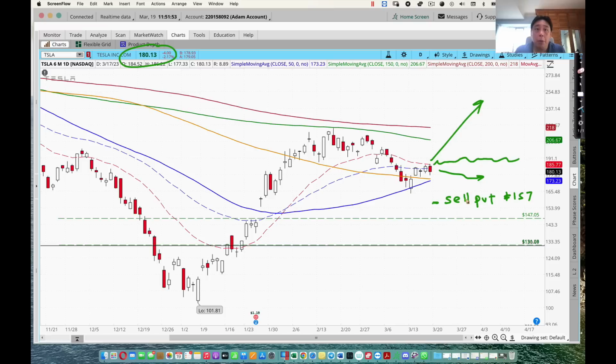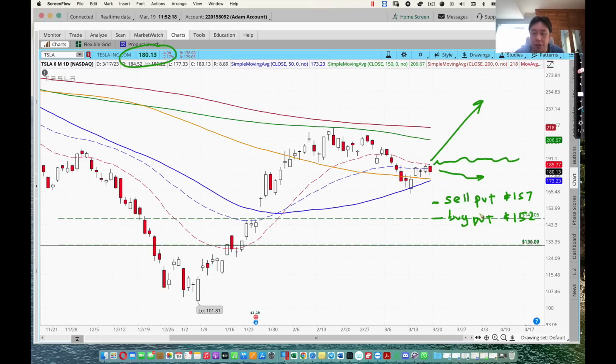Now you may say, but I don't want to buy 100 shares, I don't want to own the shares. Okay, great. So if you don't want to end up owning the shares and being obligated to buy the shares, what you then do is you buy a put below that put you sold. You buy another put at about $5 below that, let's call this 152, to hedge that first put.